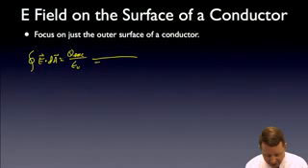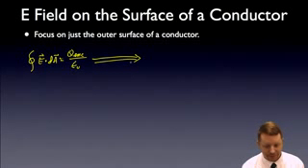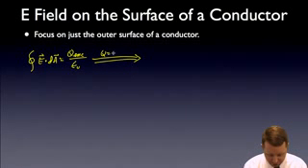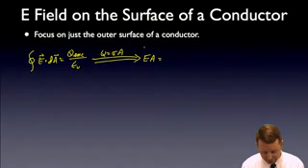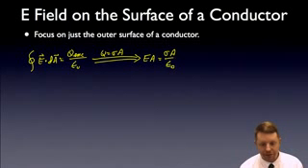And then we can state, by symmetry, we know that the charge must be sigma A. And if symmetry exists, the left-hand side is just going to become the electric field times the area, equal to sigma A over epsilon 0.